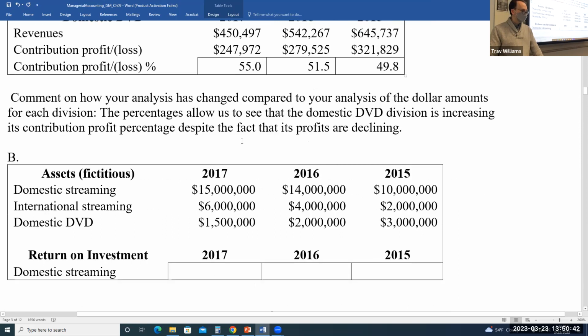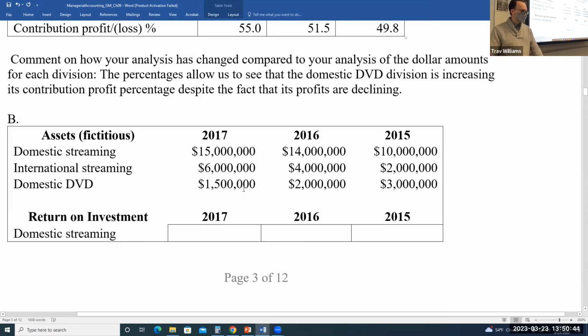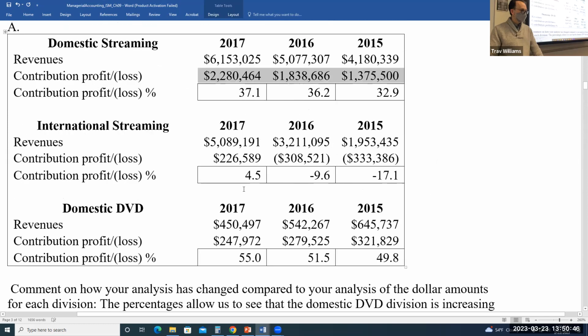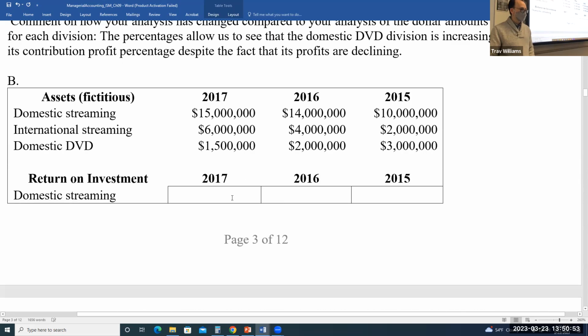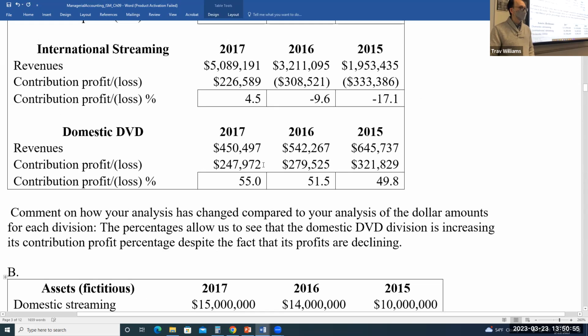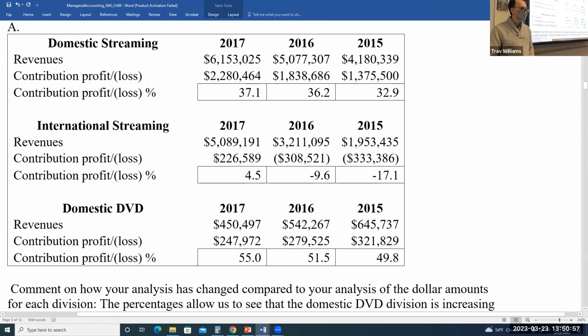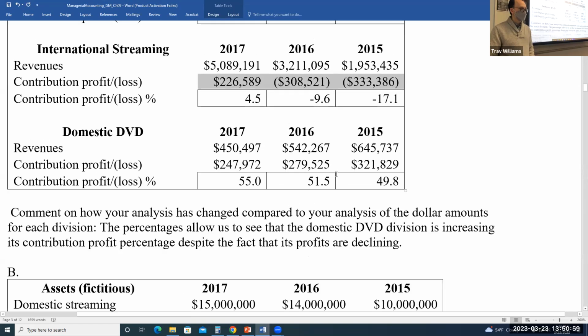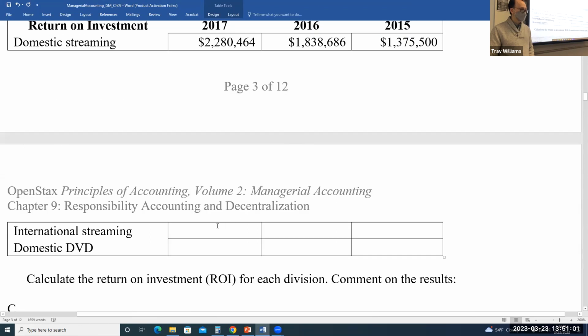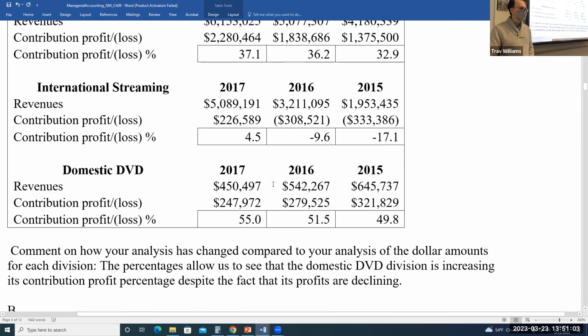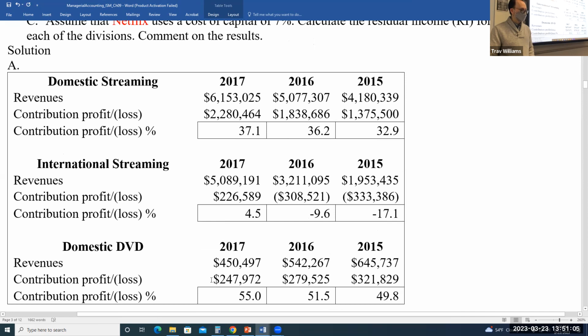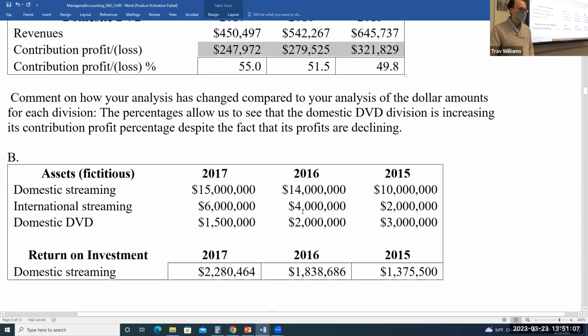So let's see, what's going to be the best way to do this here? What I'm going to do, this is just temporary, so you don't need to do what I'm doing. Just going to save us from having to scroll. And, okay, so I got the profits for all three divisions.